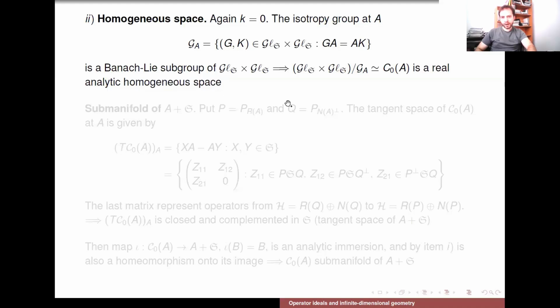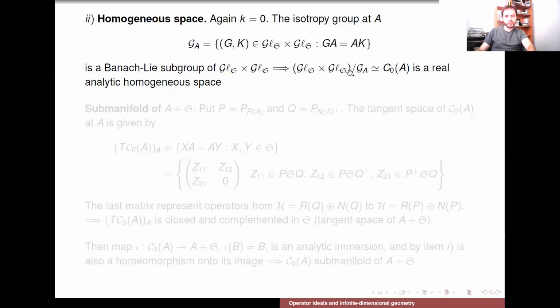For the second part, the homogeneous space structure, we can compute the isotropy group as follows. And again, in our setting of operator ideals, we can prove the same result as Corach, Maestripieri, and Mbekhta in the setting of bounded linear operators.